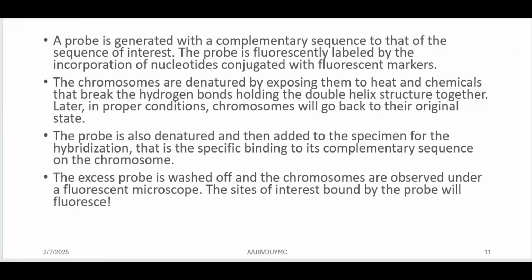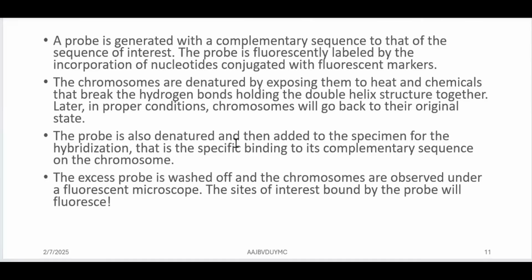So it can be done under controlled conditions. The particular DNA region is allowed to denature, and then the probe is added to the specimen for hybridization, and the specific binding to the complementary sequence will occur, and that is how you will see the fluorescence.